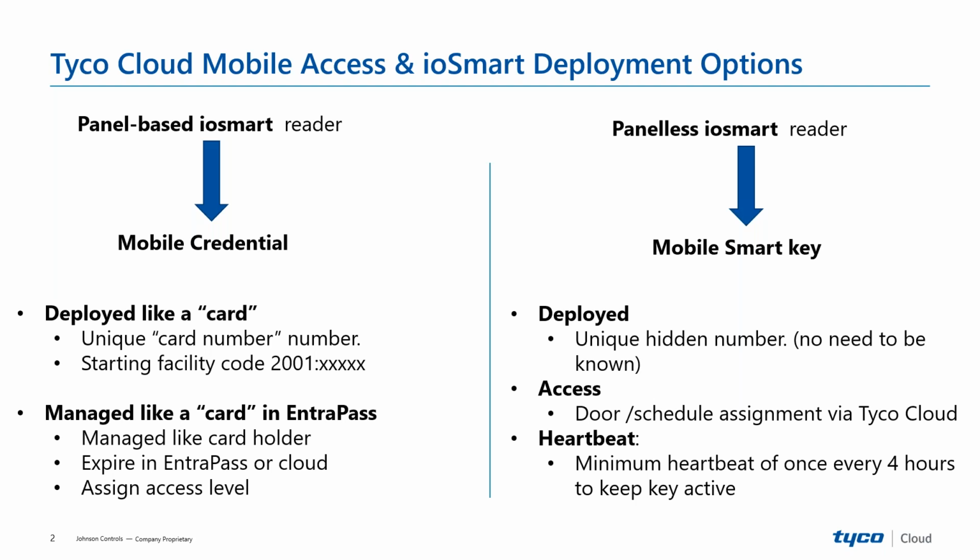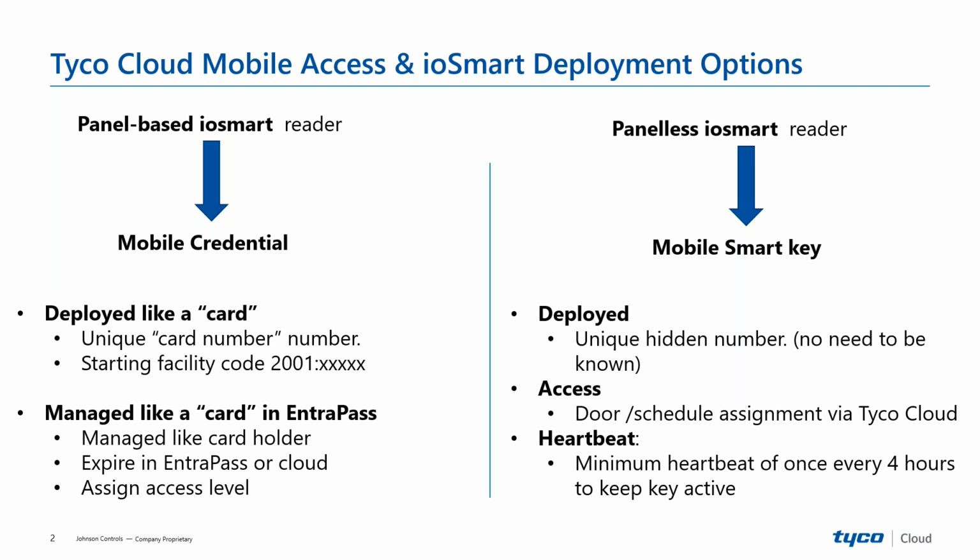A panel-based ioSmart reader offers mobile credentials. So they're viewed like regular cards if you really want to, and programmed in EnterPass the way you want. A panel-less system doesn't really have a card; it has a unique identifier. In basic terms, it's a unique number that the iPhone or the Android carries in it, so we know who's who.